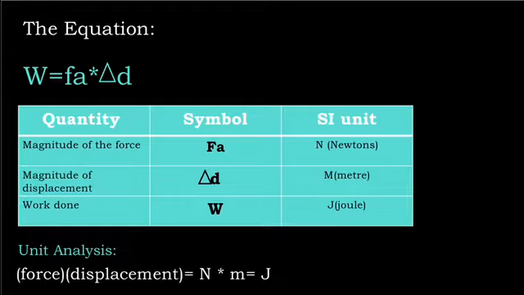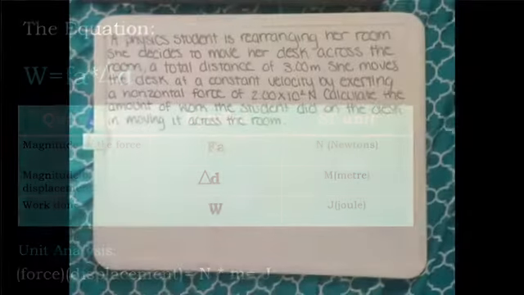In the case of ΔD, it's the magnitude of the displacement, how far it went, and that is measured in meters, and work overall is measured in joules. A unit analysis of it is force times displacement, which is equal to newtons times meters, gives you joules.